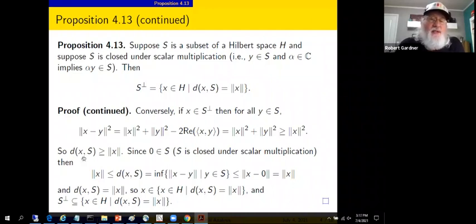We'll define the distance from x to S by taking an infimum over all y, right? The y was chosen from set S. This is how you define the distance from x to S. Here's another restatement of it here. We'll take an infimum over all y in S. So do that here. Take an infimum over all y.